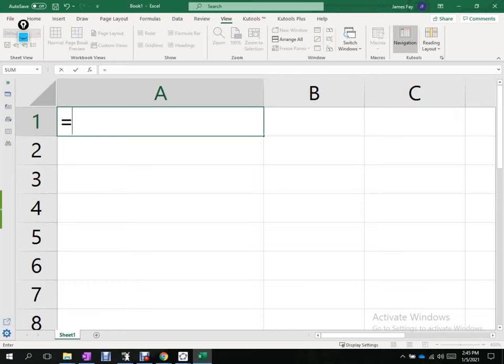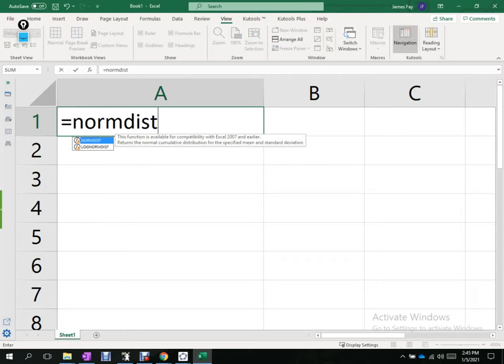If you type in norm dist, okay, that's the normal distribution command here, and it's going to ask you for some criteria down here. The first one is X, so we're looking at 65. The next one, it says mean. Okay, so our mean was 61, comma.